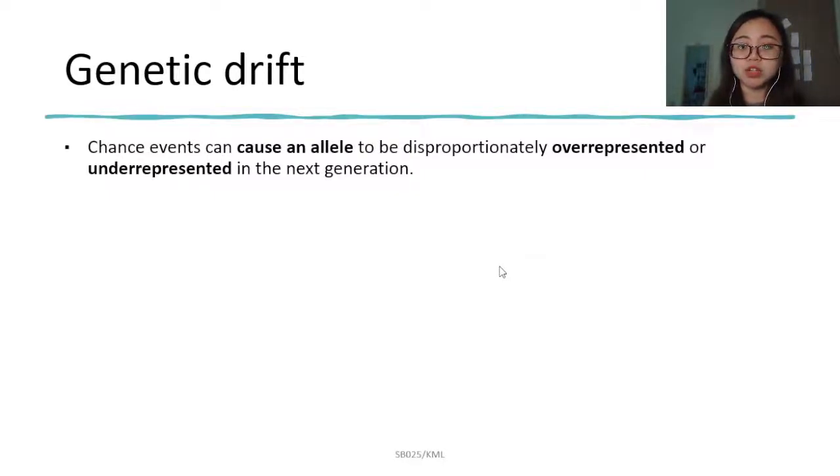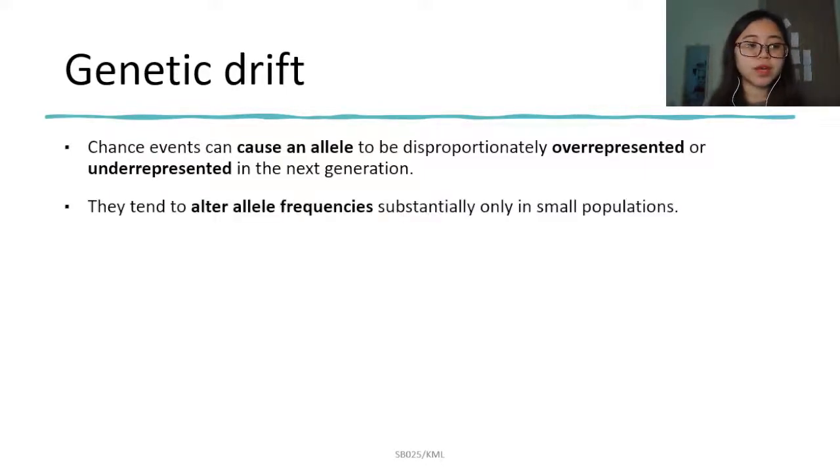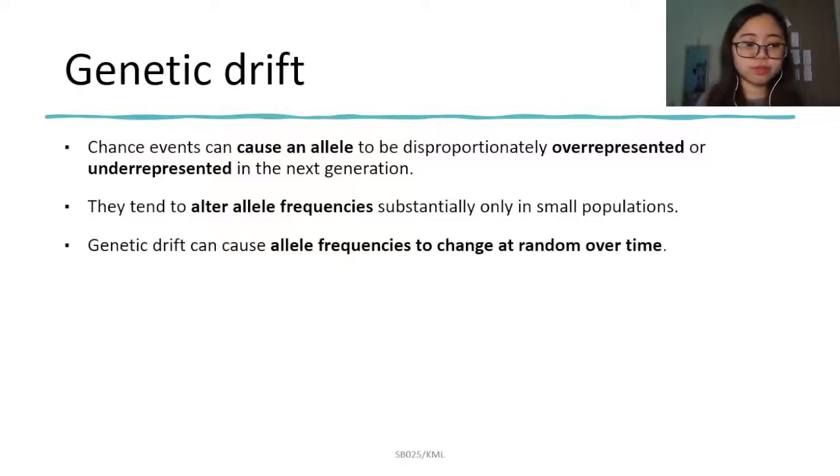So, dominant allele itu mungkin terlebih banyak ataupun terlebih sedikit pada generasi seterusnya akibat genetic drift. And genetic drift tends to alter allele frequency substantially only in small populations. Maksud ayat kedua ni, biasanya dia akan ubah genetic frequency, allele frequency, dalam populasi yang kecil saja. Kalau populasi yang besar, dia tidak akan rasa genetic drift.